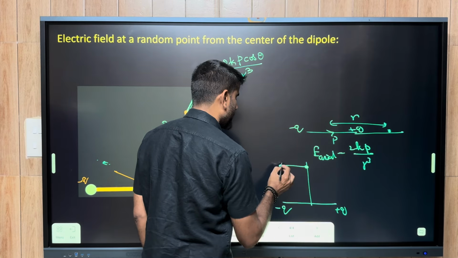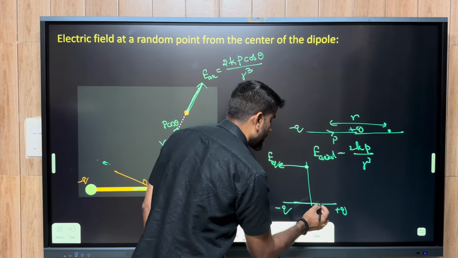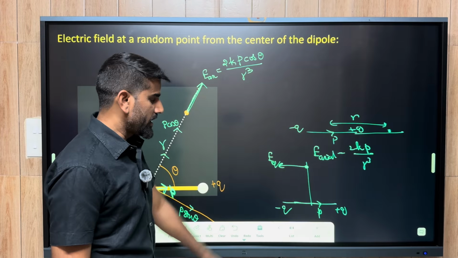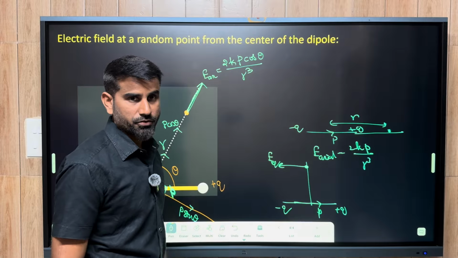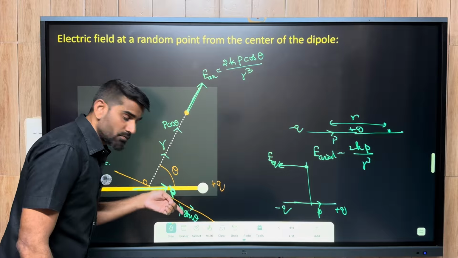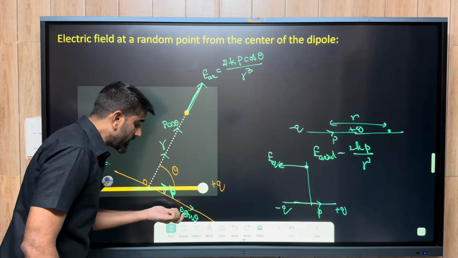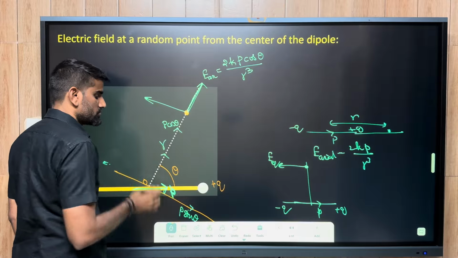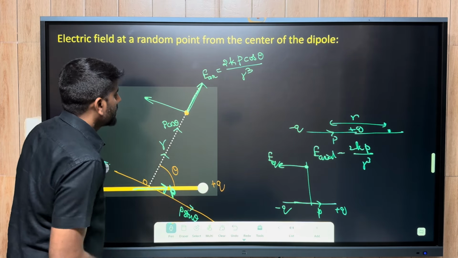The net electric field is in this direction, E equatorial, whereas the dipole moment is in this direction. As I have already told you, electric field and dipole moment are opposite to each other. We have written the equation also. As the dipole moment is in this direction, the electric field due to this dipole moment on the equatorial line will be opposite to that direction.